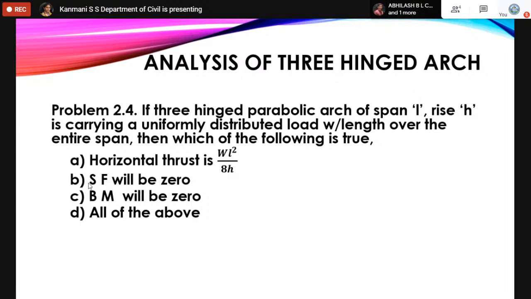So if a three-hinged parabolic arch of span L and rise H carries a uniformly distributed load W per meter length over the entire span, then its horizontal thrust is WL squared by 8H. The shear force will be 0. The bending moment will be 0 at each section of the arch.